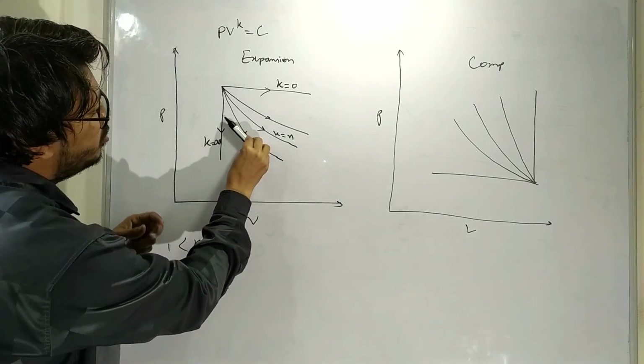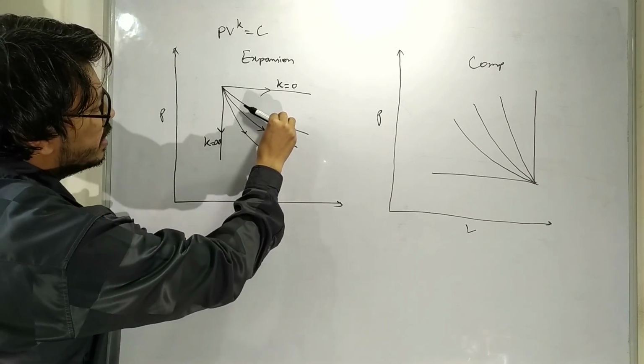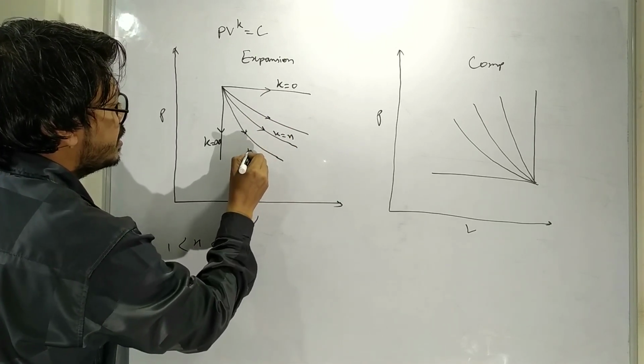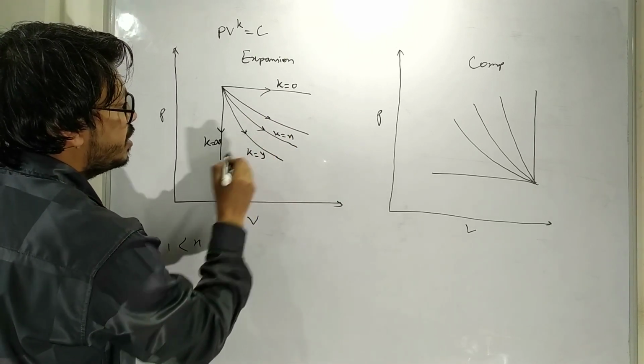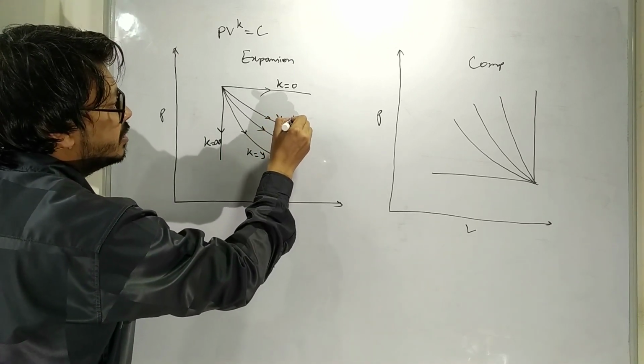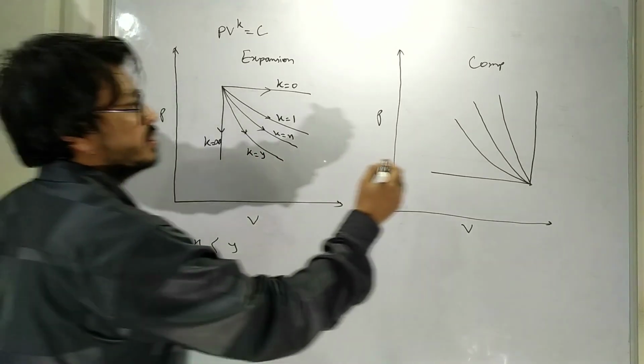So this is the slope for this curve and this is the slope for this curve. So this slope is greater compared to this slope. So this is k equals gamma, that is adiabatic process, and this is k equals 1, that is isothermal process.